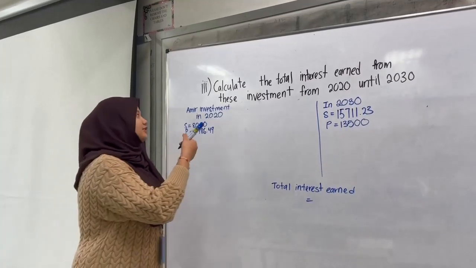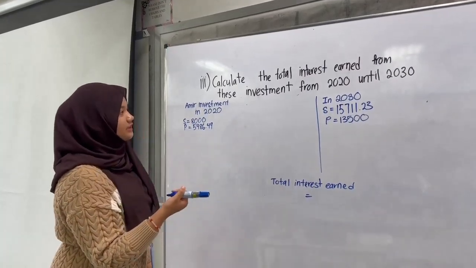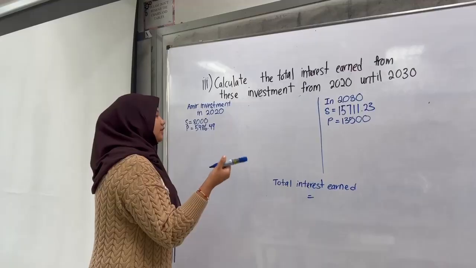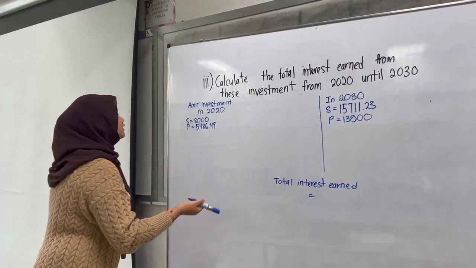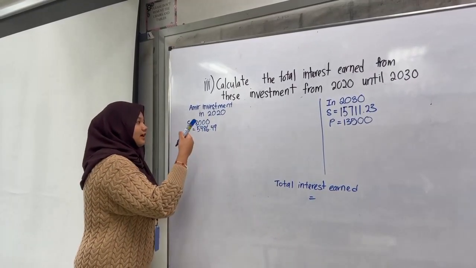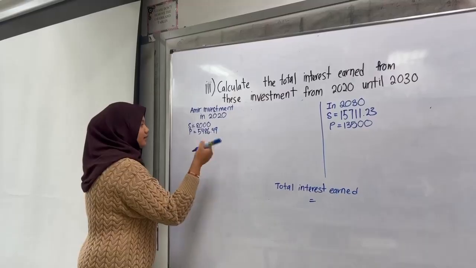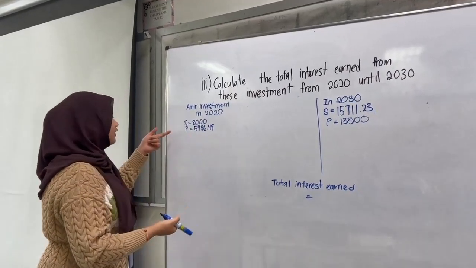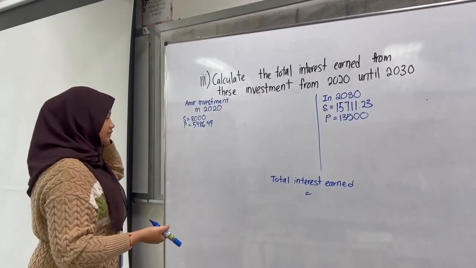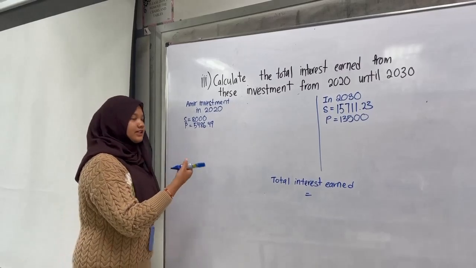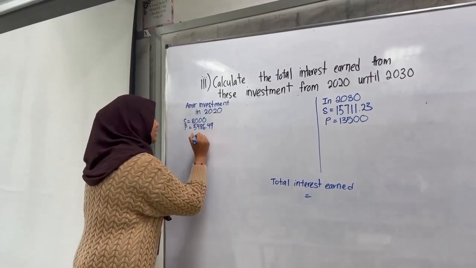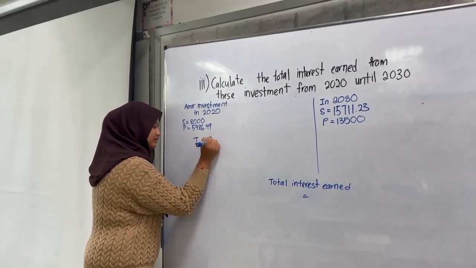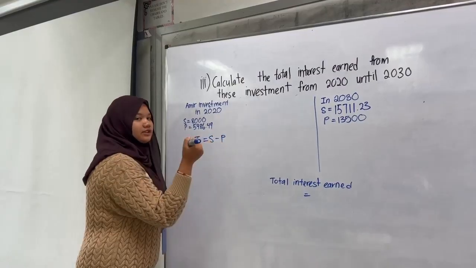So for this question, we're going to calculate the total interest earned from this investment from 2020 until 2030. So for 2020, Amir invests 8,000 for S and for P is 5,486 ringgit 49 cents. So we're going to use I equals S minus P to find the total interest.